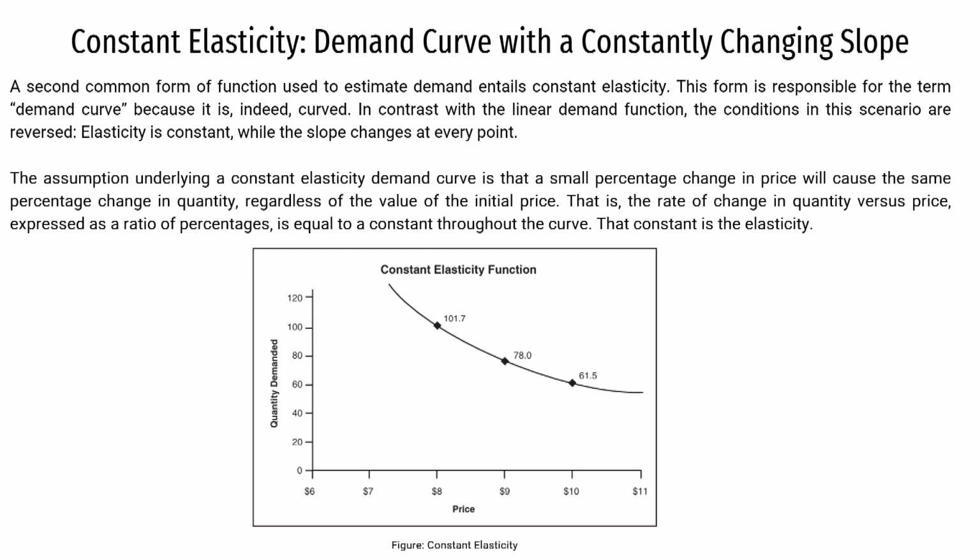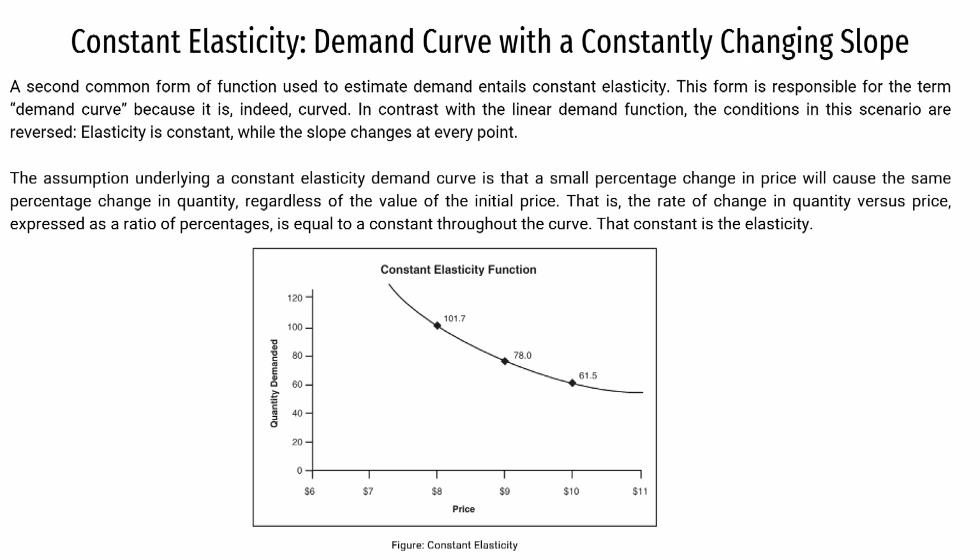So, you can just simply have a look at this graph, right. Where the price is $8, the quantity demanded was 101.7; price is $9, quantity demanded was 78; then price is $10, quantity demanded was 61.5.